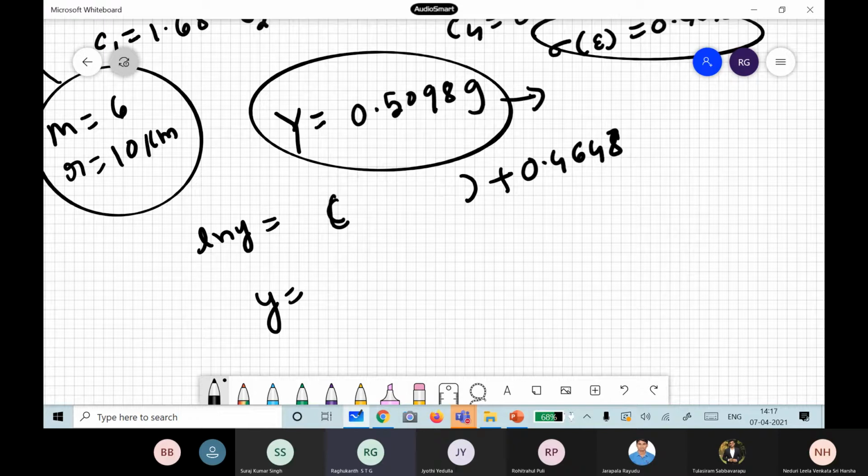Now, if you try to find this number, just one second. So log of 0.5098, that is minus 0.6737, plus 0.4648.